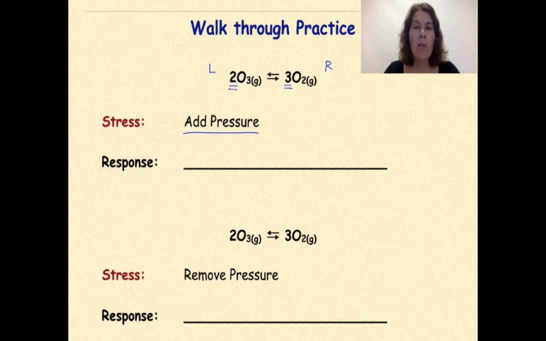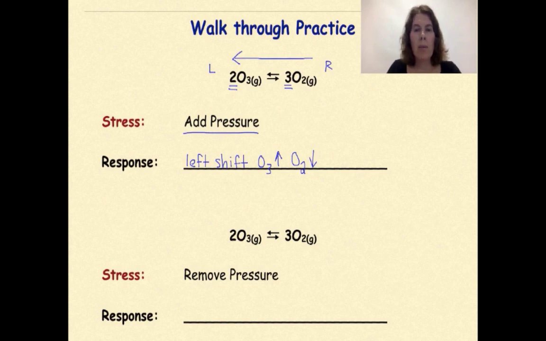So if I add pressure, I want to shift my point of equilibrium towards the reactant side and make more ozone, O3. So the response here is a left shift. The amount of O3 is going to increase, and the amount of O2, my oxygen, is going to decrease because I've added pressure, I've decreased the volume, and I want to go to the side with the least amount of moles.